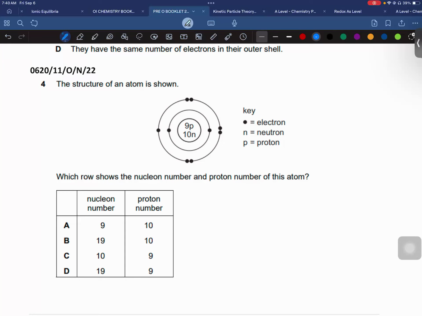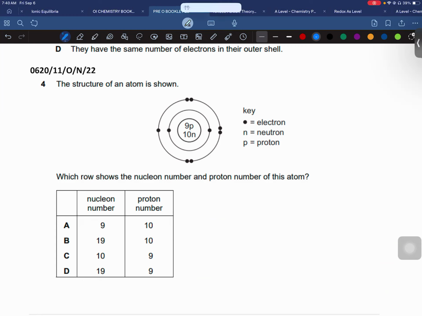Proton number of this atom, counting 1, 2, 3, 4, 5, 6, 7, that's 9. So the nucleon number 9, which is the proton, is the same as the proton number, and 10 neutrons. It's C.